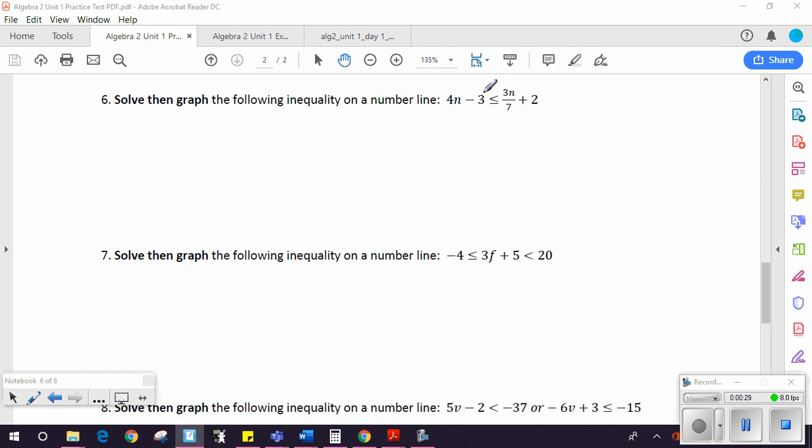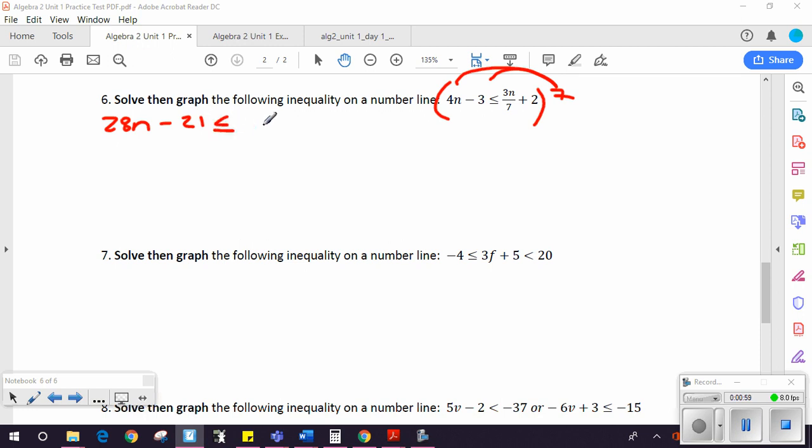On this one, I would just take the denominator of 7 and multiply it with everything. So 7 times 4 is 28n minus 7 times 3, which is 21.